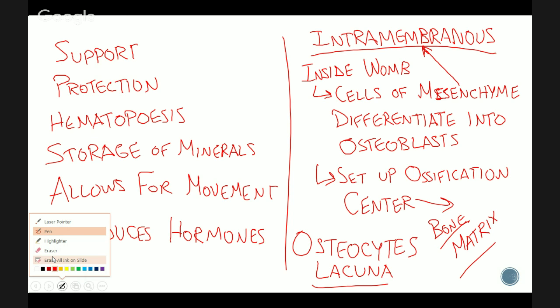Okay, so that's one type of ossification. What's the other type of ossification? The endochondral. Yes, the endochondral. And tell me what that's about. Start with, when does this happen? Cartilage, right, so we begin with a cartilage what?